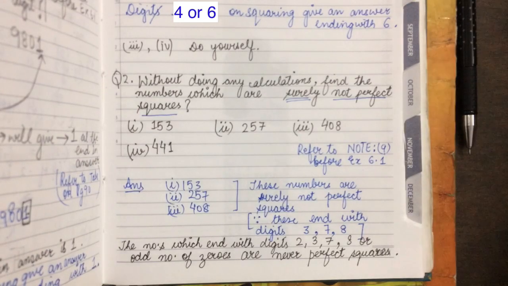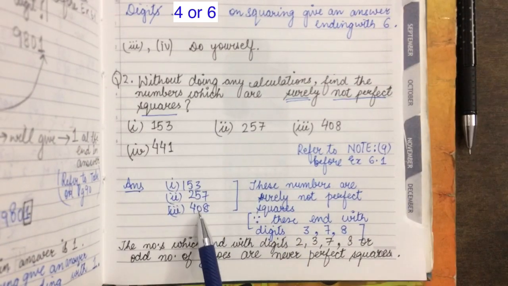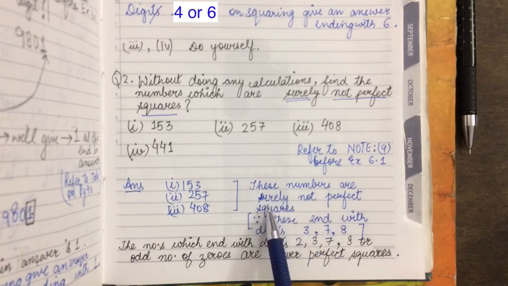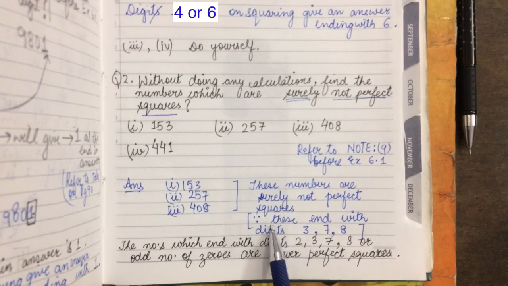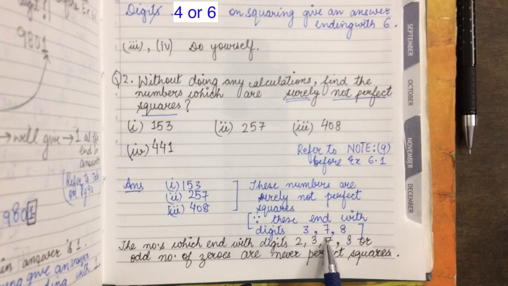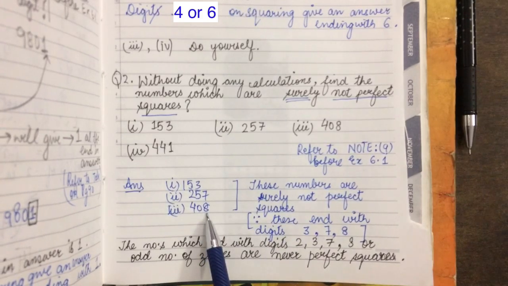So the answer is 153, 257, 408. These numbers are surely not perfect squares because they end with these digits. This ends with 3, this one ends with 7 and this one ends with 8.